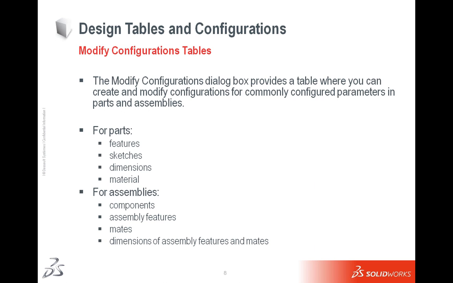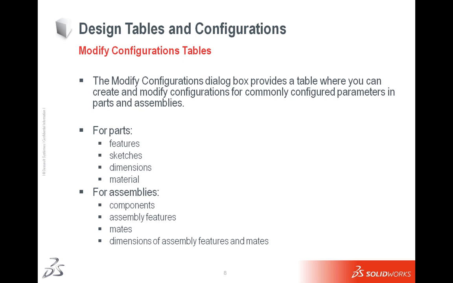That last list that I showed you are not commonly configured. We don't commonly configure the center of mass or a sketch relation. So here are the list of the things that can be used in the Modify Configurations dialog. And again, I can give you these, or you can find these in the help as well.